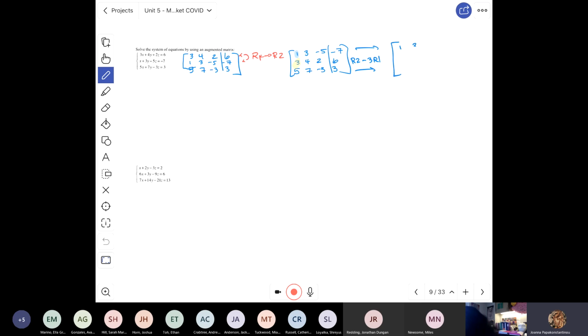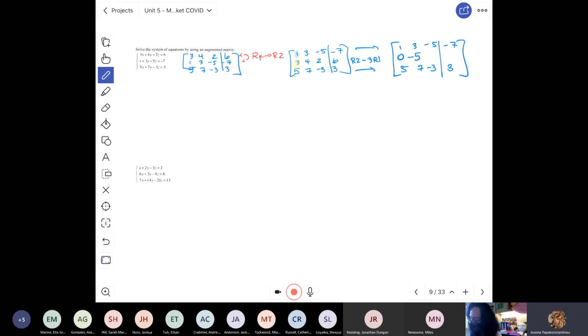I didn't change my first row. I didn't change my third row. And you have to be very careful transcribing from matrix to matrix because you can make a mistake and it's a disaster, right? All right, so row 2 minus 3 times row 1. So 3 minus 3 is 0, yay. And then I have 4 minus 3 times 3, which is 9.